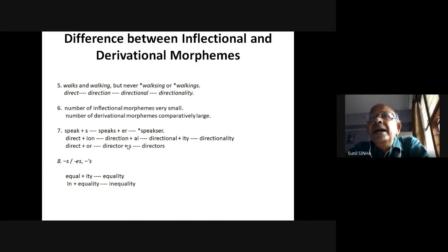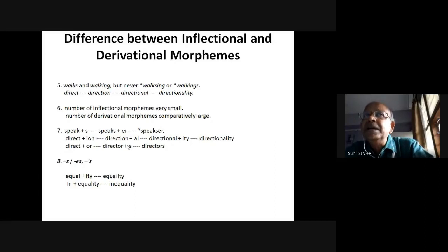After we have added an inflectional morpheme, we cannot add a derivational morpheme. We cannot get speakers from speaks, right? But we can always get speakers. Take speak, add a derivational morpheme, and then you can add an inflectional morpheme.